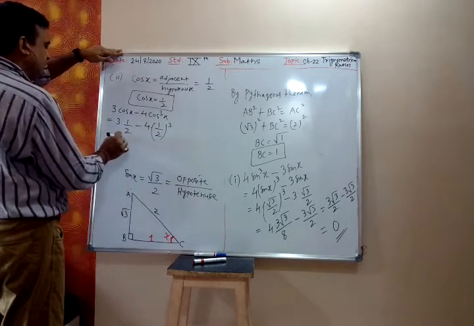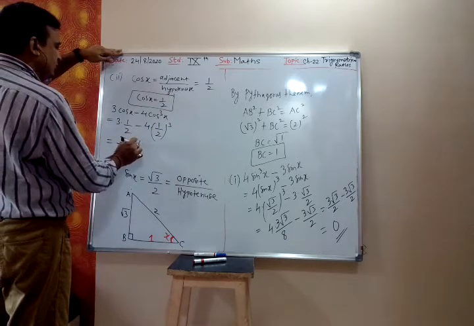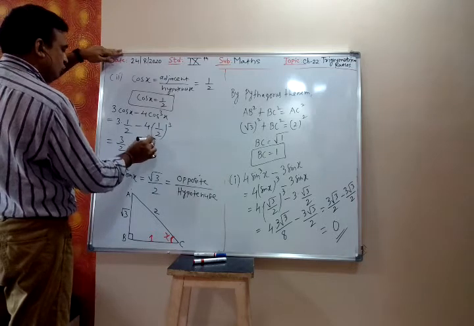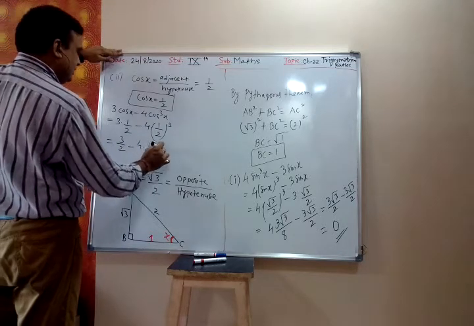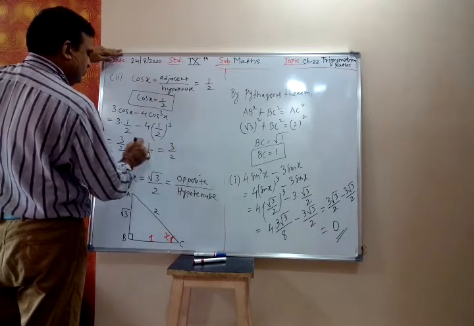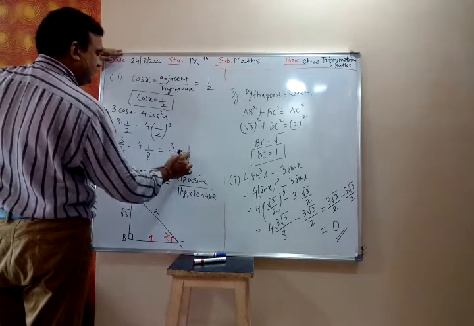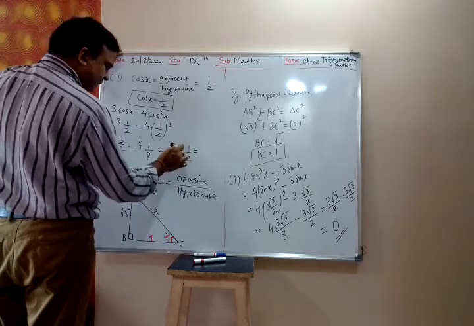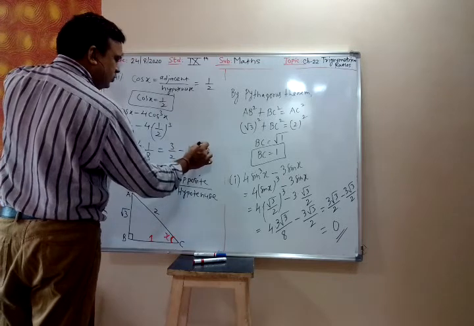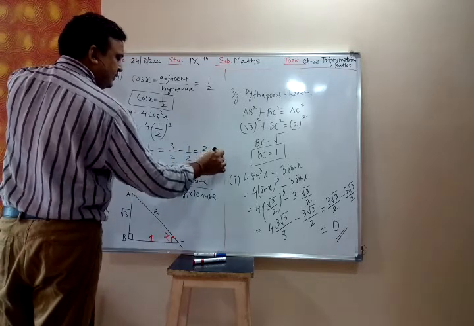So that is 3 by 2 minus 4 into 1 upon 2 cube, which is 8, so 1 by 8. 4 2s are 8, so minus 1 by 2. 3 by 2 minus 1 by 2 is 3 minus 1, 2 by 2, which is 1. So answer is 1.